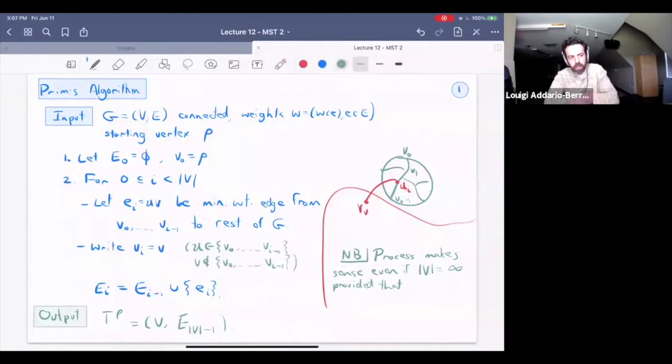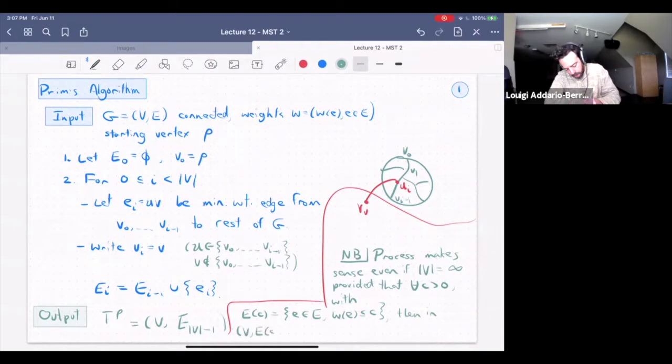A sufficient condition for that is that for any positive C, if I write E_C for the set of edges of weight less than C, then the graph with edge set E_C has finite degrees.